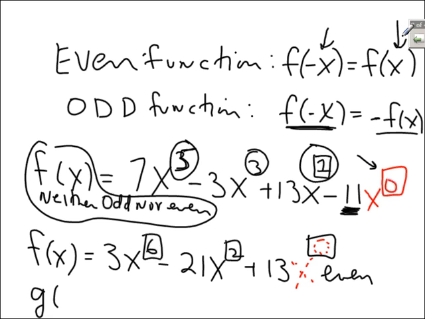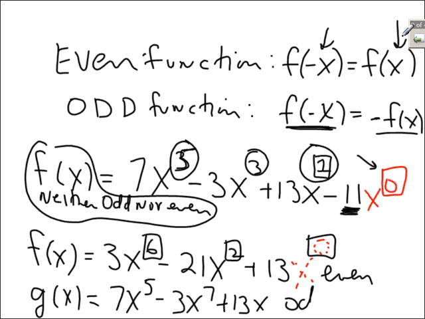If you have g of x is equal to 7x to the 5th minus 3x to the 7th plus 13x, this is odd because all the exponents of x are odd, including that understood one. Okay, you need to be careful with the constants.